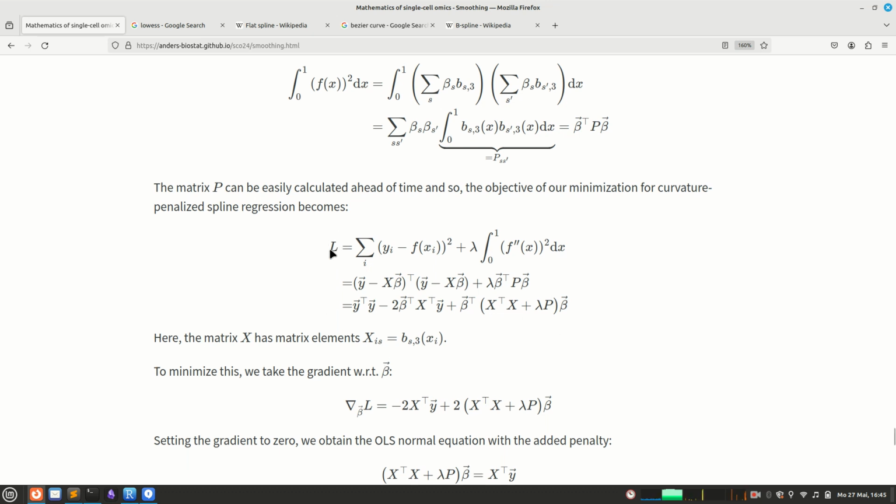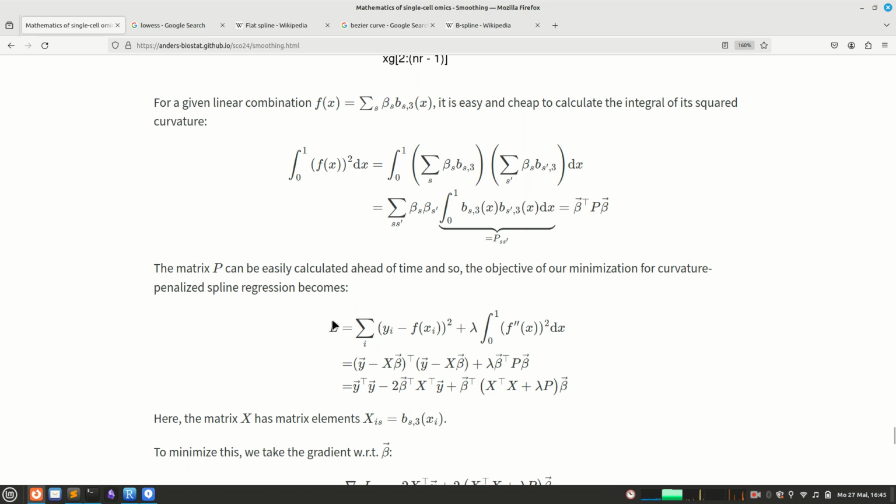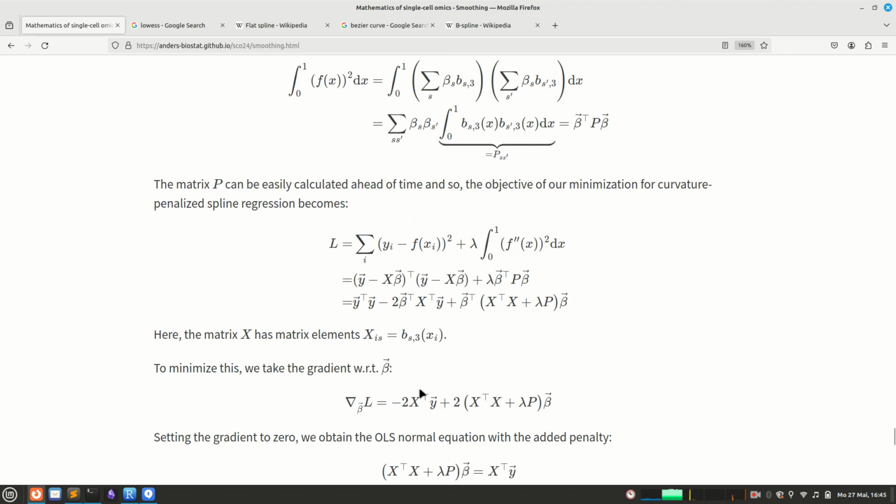And so what do we do with it? We want to find the minimum of this L. In order to find the minimum with respect to beta, we have to take the gradient of L with respect to the coefficients beta, and that always takes a bit getting used to. This is of course constant with respect to beta.